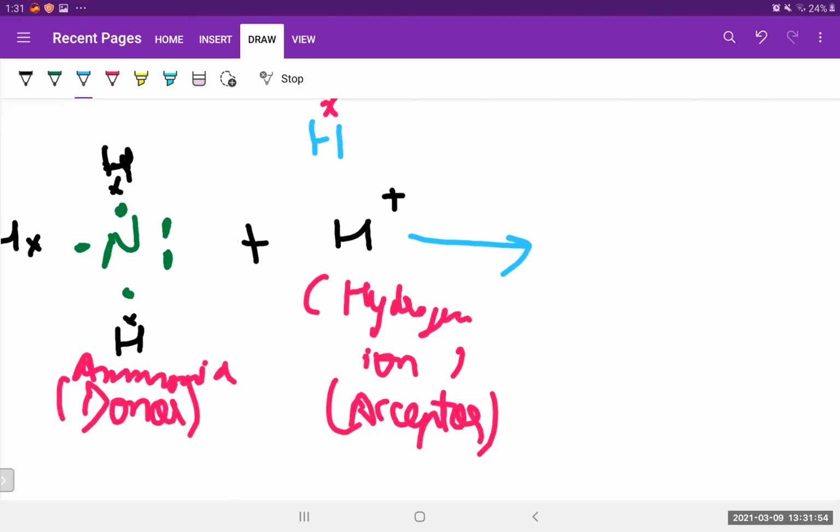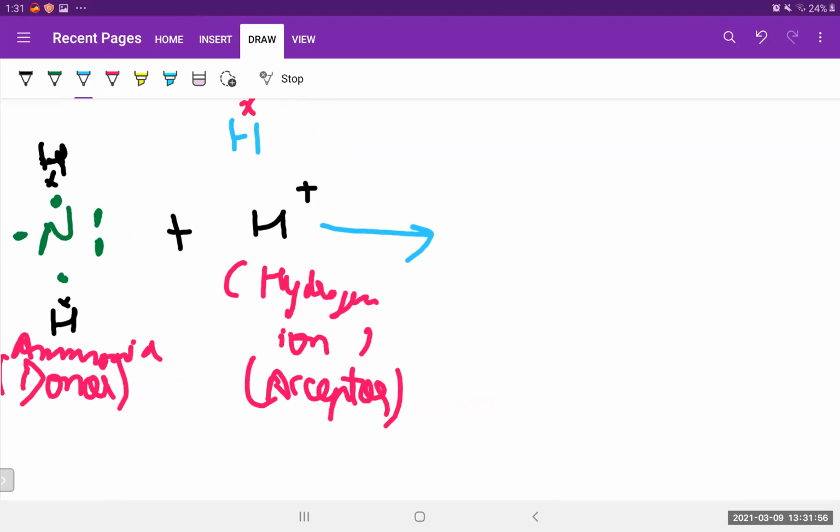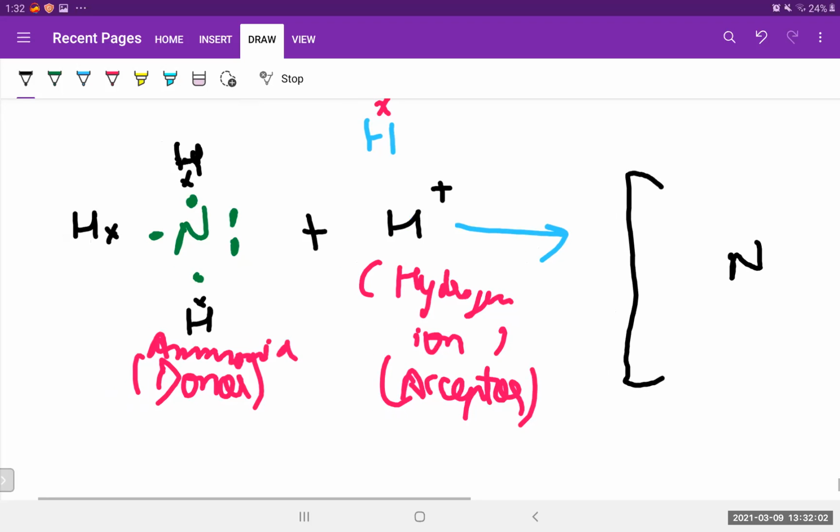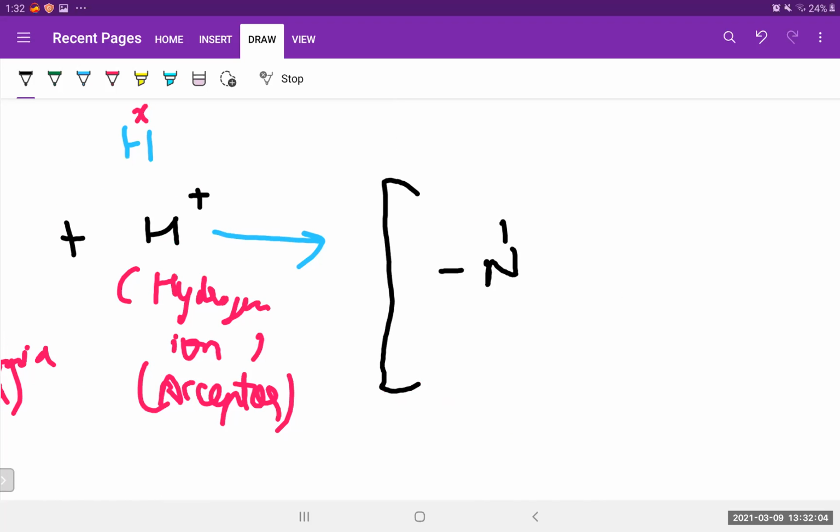Next, what will we get? We will get this N. 3 bonds were there with the hydrogens, yes, 1, 2, 3 hydrogens were there before. But now this new hydrogen will be added to it.